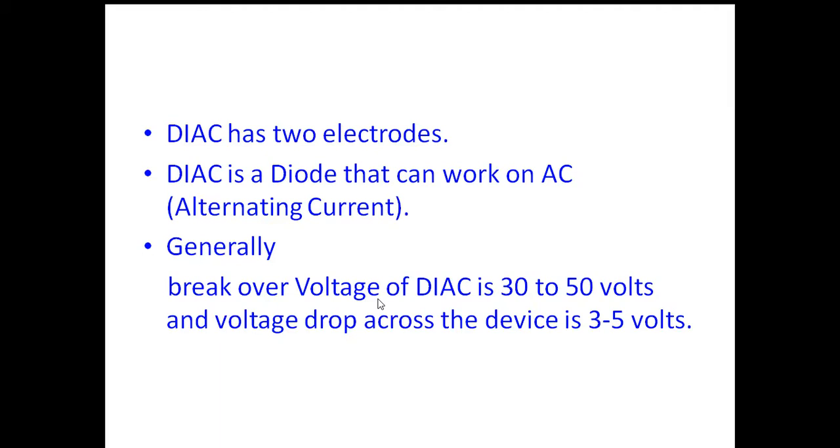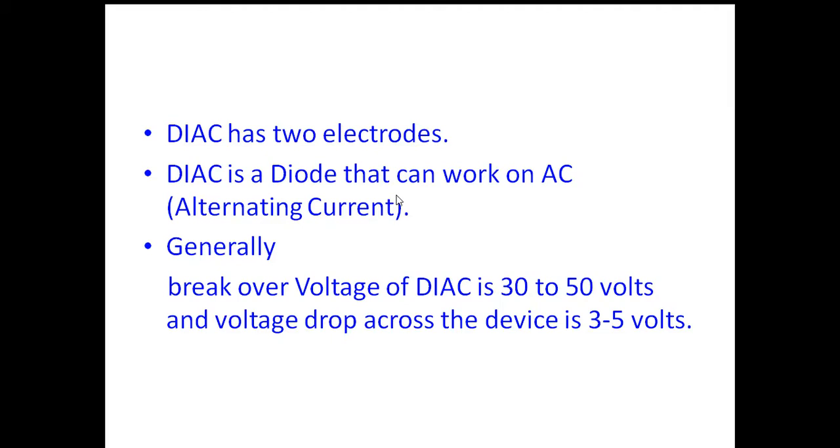Like a diode has two electrodes, anode and cathode, the diac also has two electrodes, but they are named MT1 and MT2, because the diac conducts in two directions. It can conduct from MT1 to MT2 and from MT2 to MT1, both directions. A diode is a one-directional, unidirectional device, but the diac is a bidirectional device.